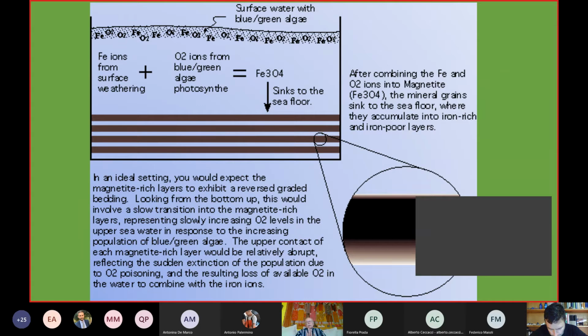Now, for almost 2 million years, all the oxygen created by the photosynthesis of these organisms sinks to the ocean floor.